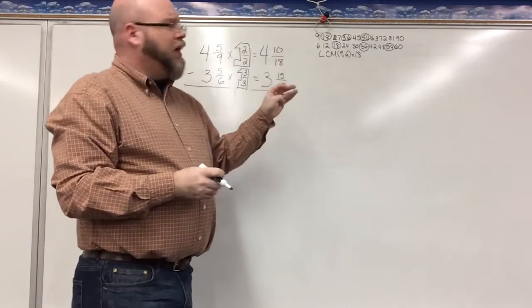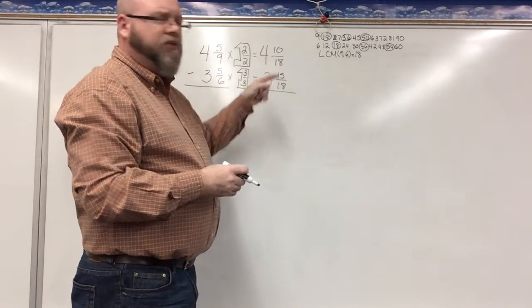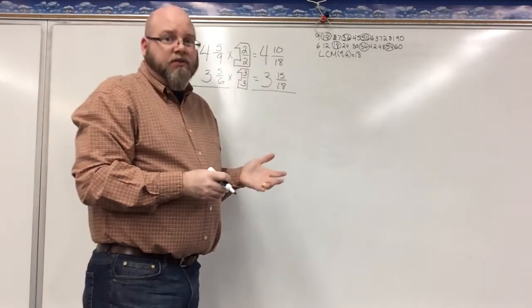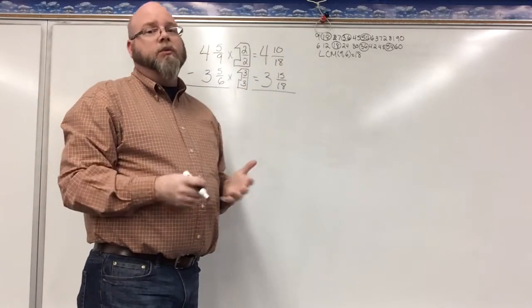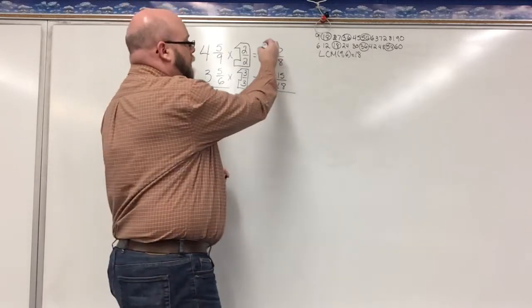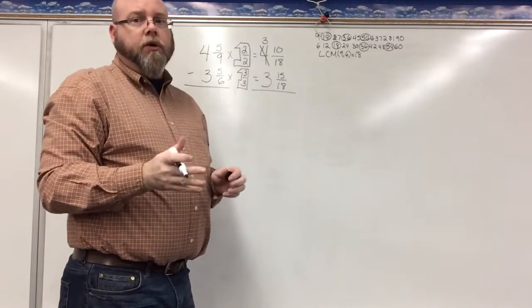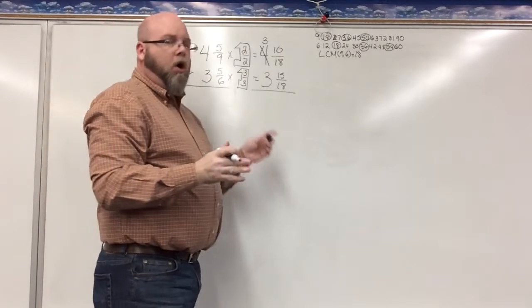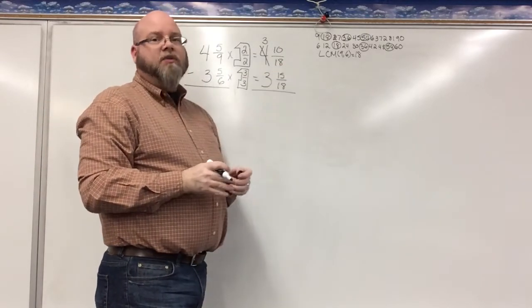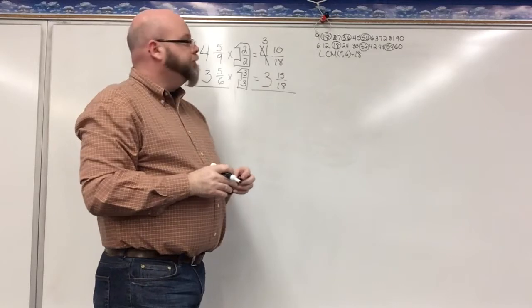We've not really talked about it, but can I do 10 minus 15? Not in this context, so I'm going to have to do some regrouping. I'm going to borrow 1 whole from 4 when I regroup. But 1 whole is the same as 18 eighteenths.